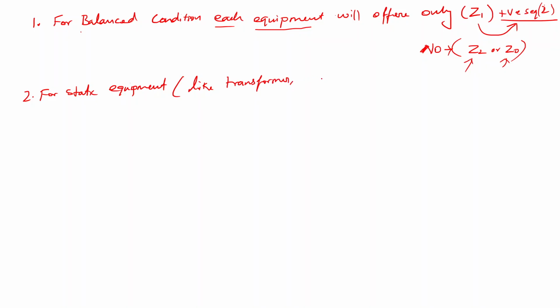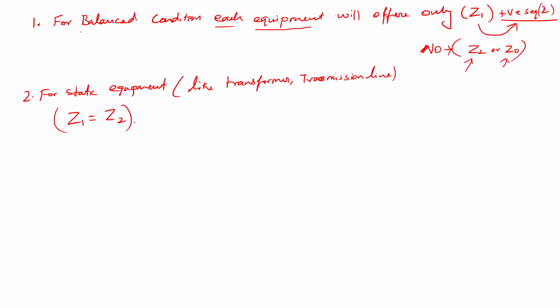Transformer, transmission line, these are some of the static equipment. In static equipment, whether it is balanced or unbalanced, Z1 is equal to Z2.